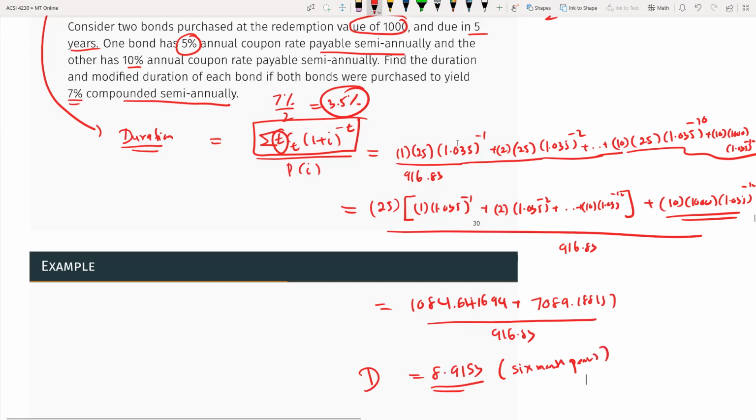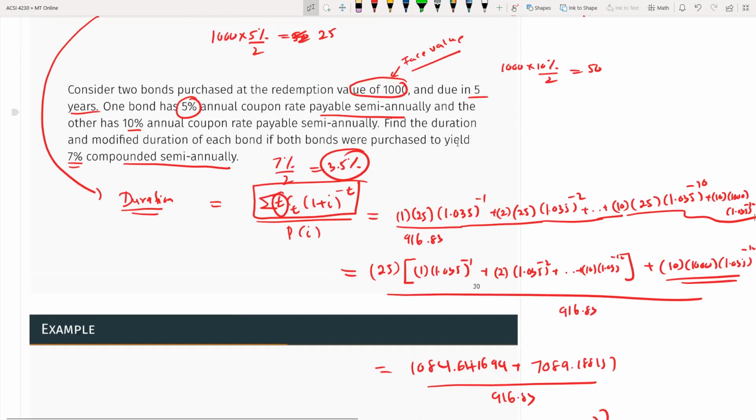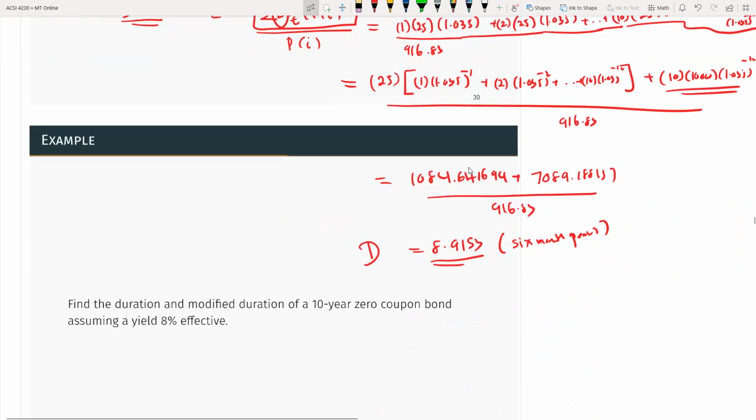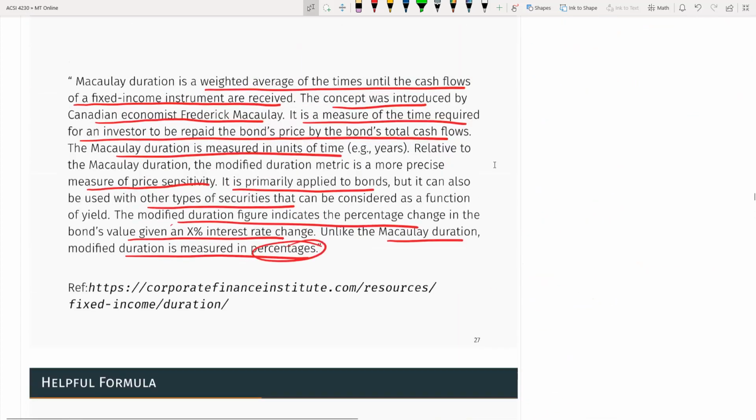So basically what it's saying, it takes approximately 4 years. These are 6 month periods, so if I take it year wise, that means 4.45.